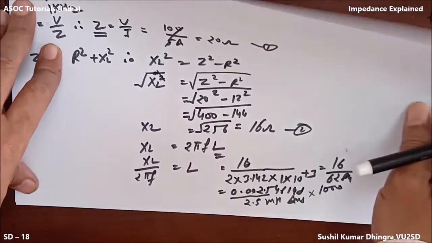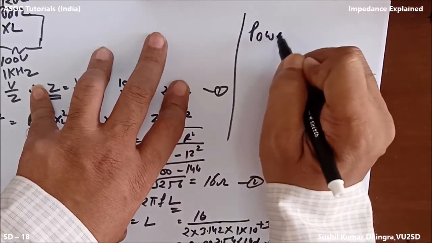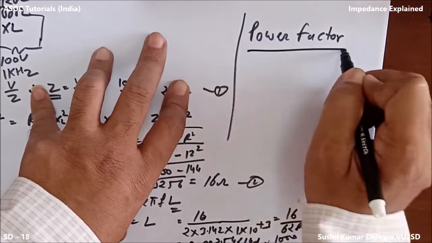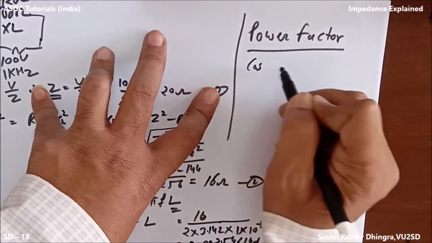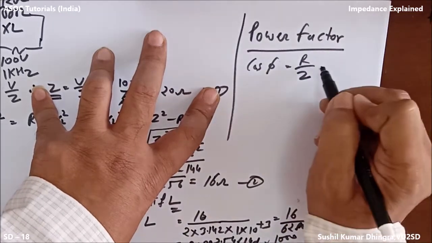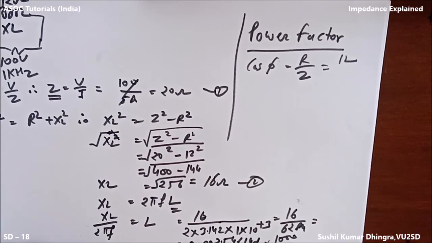One more thing. Here I need the power factor also, because in objective tests power factor sometimes comes. Remember, what is power factor? Cos phi is equal to R by Z. What is R? 12, already calculated. 16 is XL, and 20 and 12 are already given.